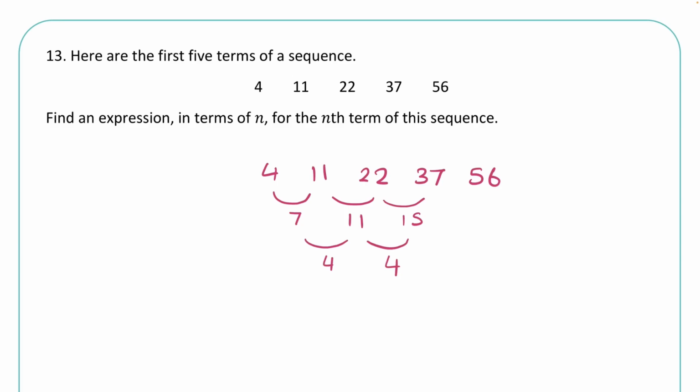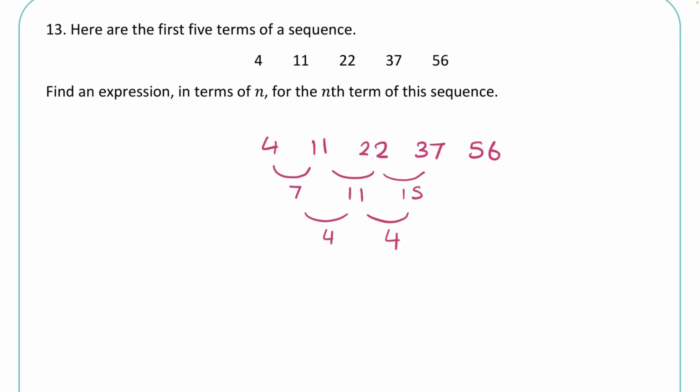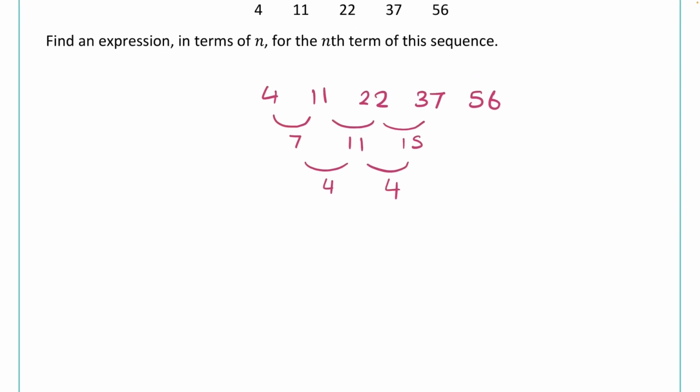Now there are different ways to approach quadratic sequences, and I do like to initially make sure that we have a look at how the sequence is created, but at this point, particularly on the exams, it's really, really nice and it's a quick method just to use the formula that allows us to find the nth term nice and quickly. So any nth term is written in the form an squared plus bn plus c.